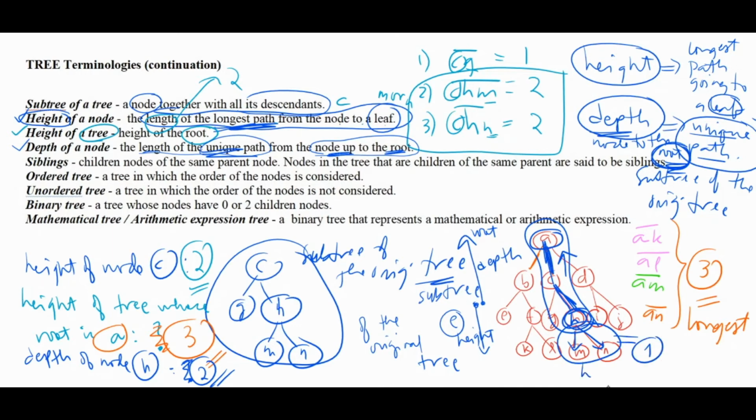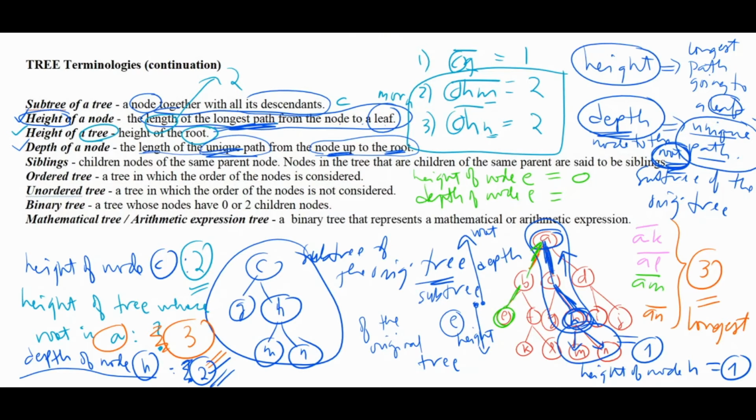So the height of node H is 1, while the depth of node H is 2. Say we're going to find the height of node E and the depth of node E. Height of node E from that node to a leaf, that is 0, and depth of node E is this path going to the root A, that is 2.